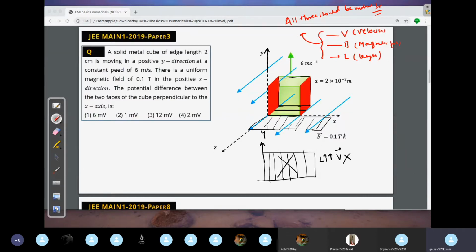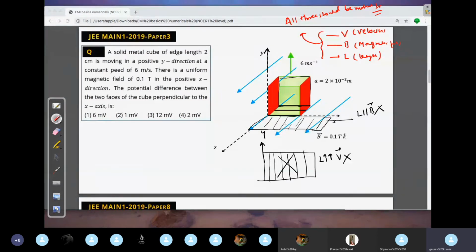Now this will also not have any EMF, because the magnetic field is along the z-axis. So in this case, the length becomes parallel to the B vector. So on this also you will not get any EMF induced. So in two different dimensions, EMF cannot get induced.